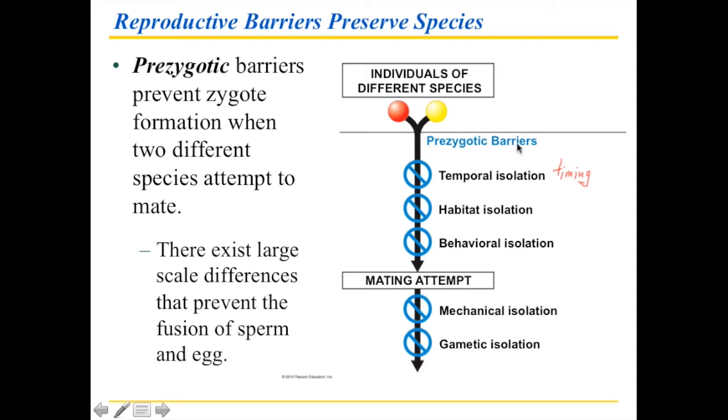The second one of these is habitat isolation. Habitat isolation is simply a question of where do you live. Now clearly, if I live on an island and you live on the mainland, then we're not going to meet, and therefore we're not going to mate. So if there is habitat isolation in terms of geographic distance, well, that's kind of obvious for not getting individuals to mate.